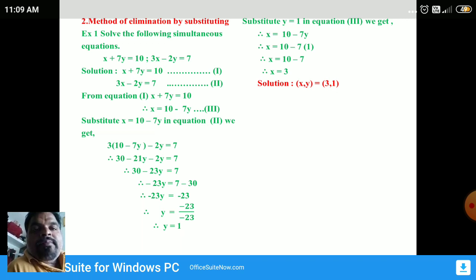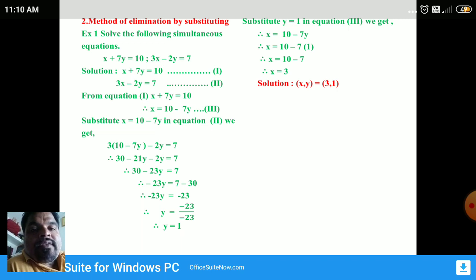Now in this method, first we write, from any equation, the value of one variable in terms of another variable. Here we take equation number first. The equation number first is x plus 7y is equal to 10.